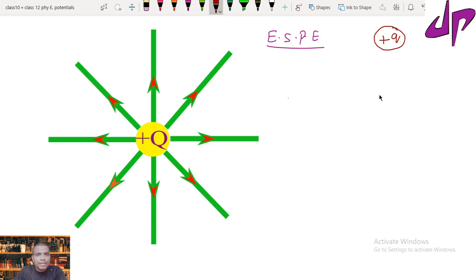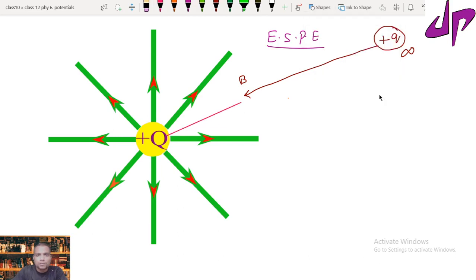To know the electrostatic potential energy, I need to bring this test charge all the way from infinity to a location. Let me consider this as point B in an electric field.